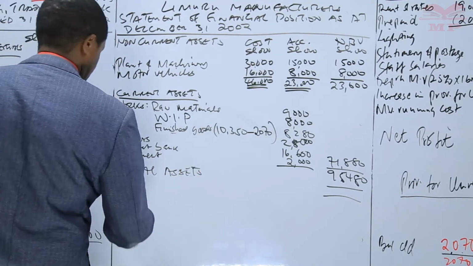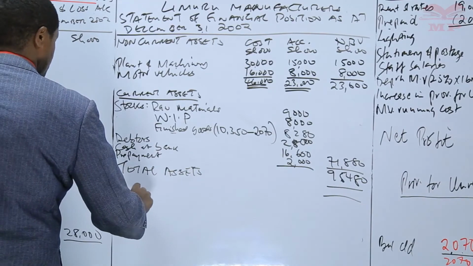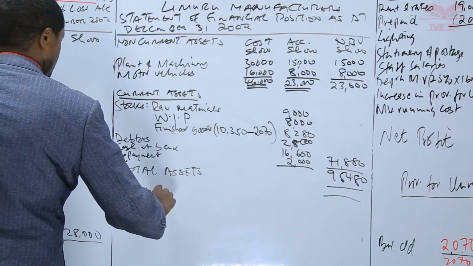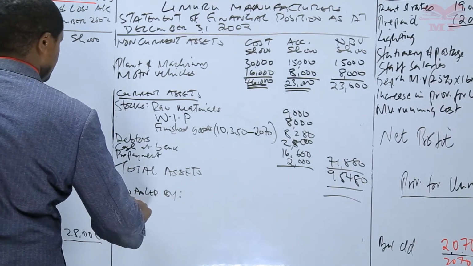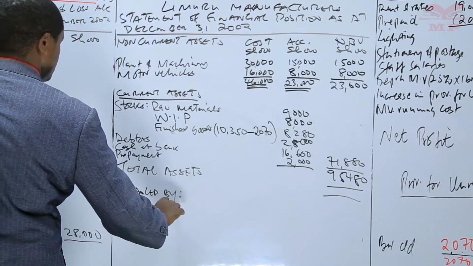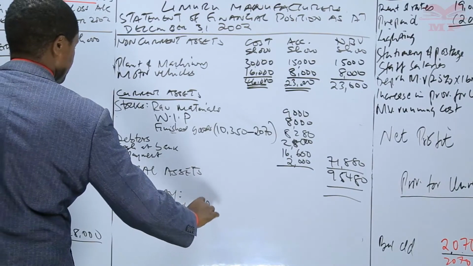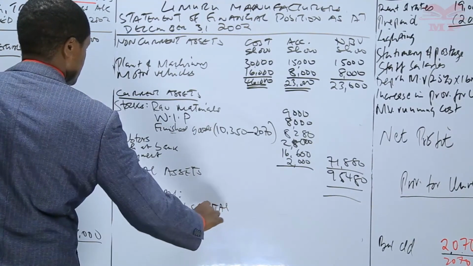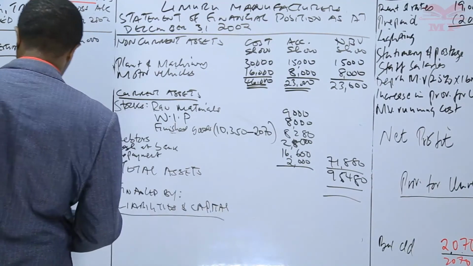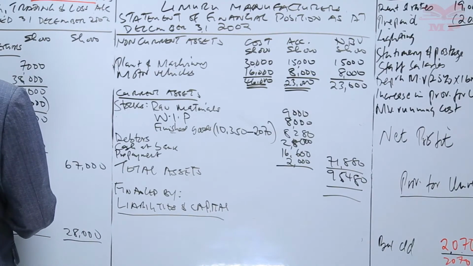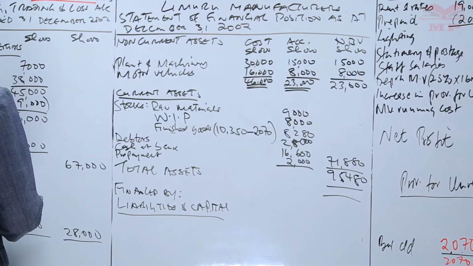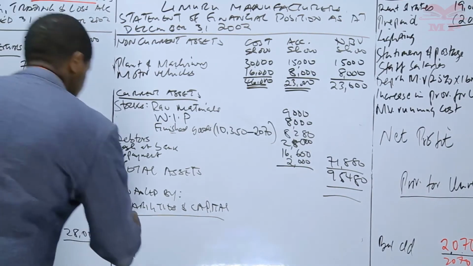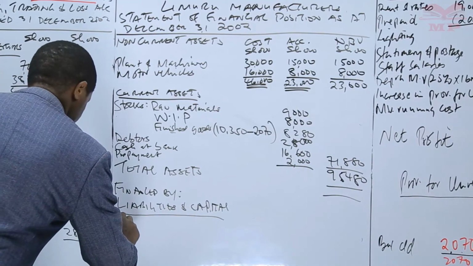These total assets are financed by liabilities and capital. Do you have liabilities? Yes. Creditors. You have liabilities.